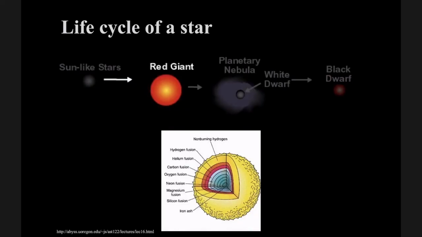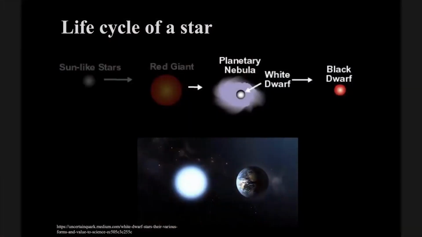But as I say, it will happen in a very, very long time. Now, these red giant stars are very interesting. They fuse heavier and heavier elements all the way up to iron. And when they reach iron, they shed their outer layers into space. And what that leaves is something called a white dwarf star.